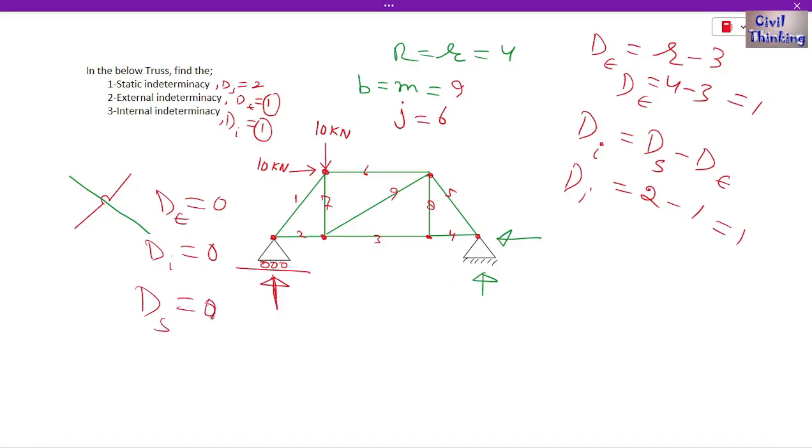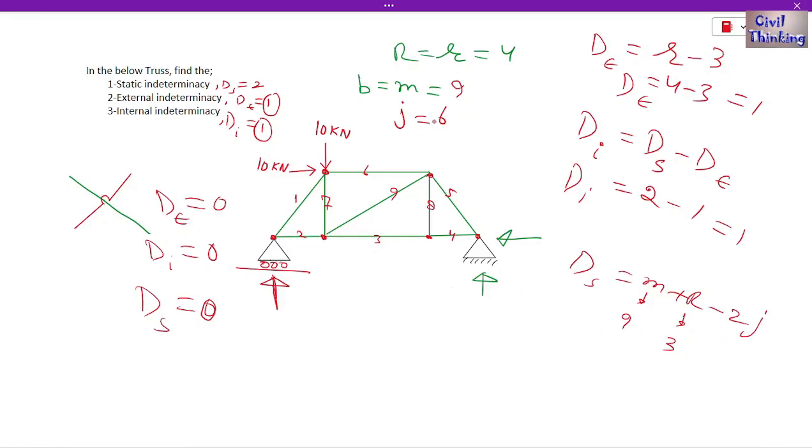Now let's find the static indeterminacy first. Let us say it is 0, because we fixed things. Now static indeterminacy is m plus r minus 2j. Now how many do we have? Number of members is 9, and r, the number of reactions, is 1, 2, 3, so 3. And the number of joints is still the same, right?